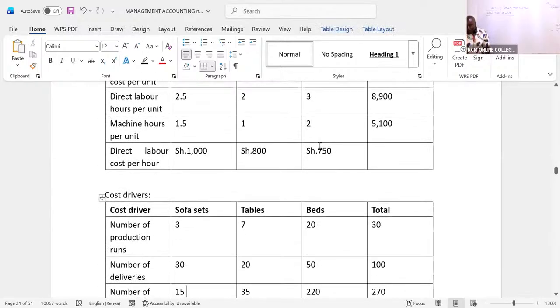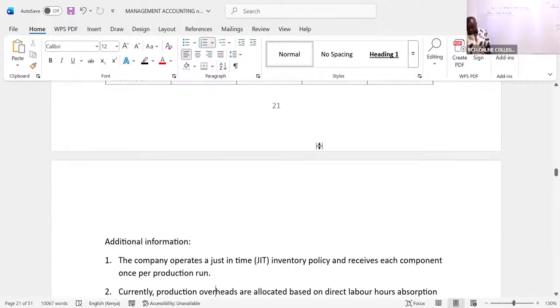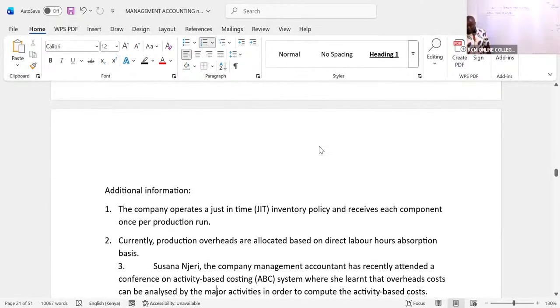So then they have given me cost drivers. When I see the word cost drivers, I know they're going to test me on issues to do with activity-based costing. So additional information, the company operates a just-in-time system, a JIT system, inventory policy, and receives each component once per production run.